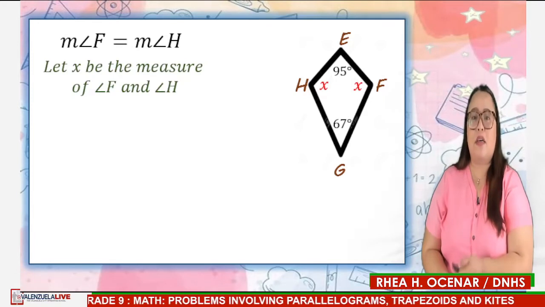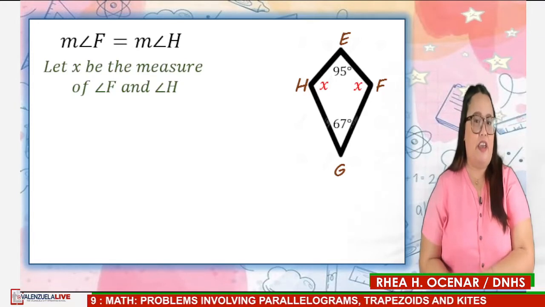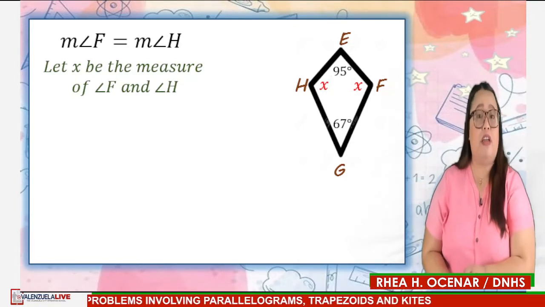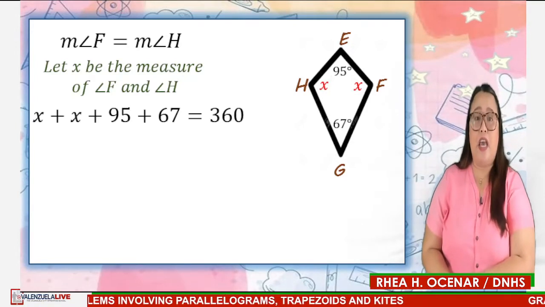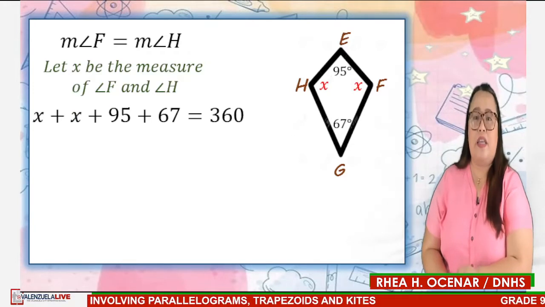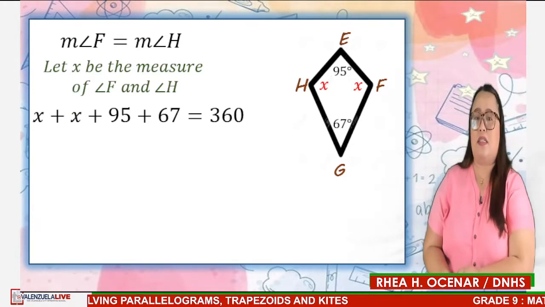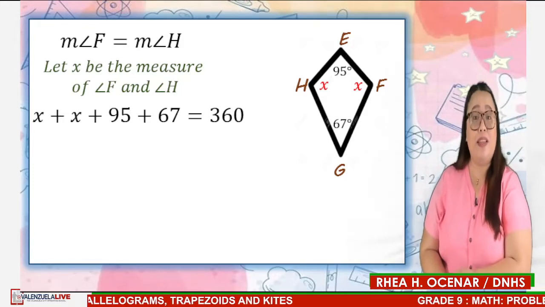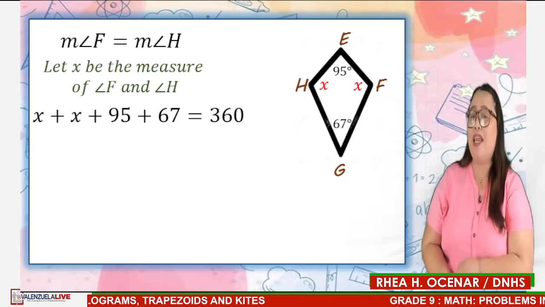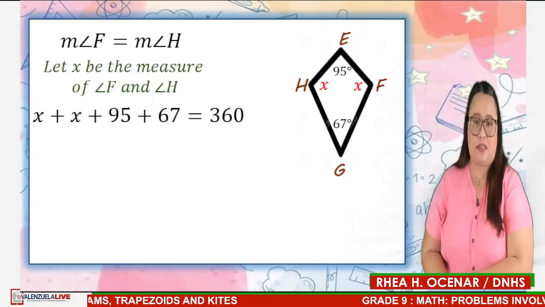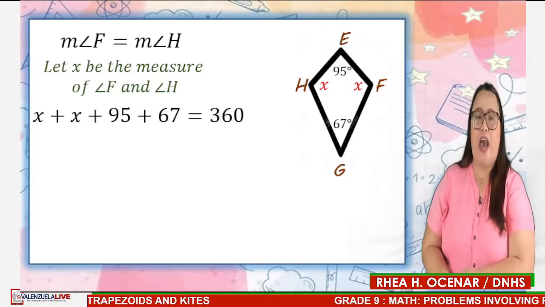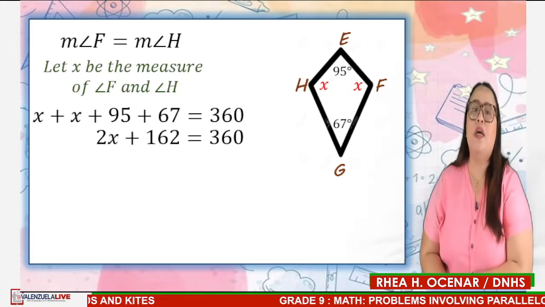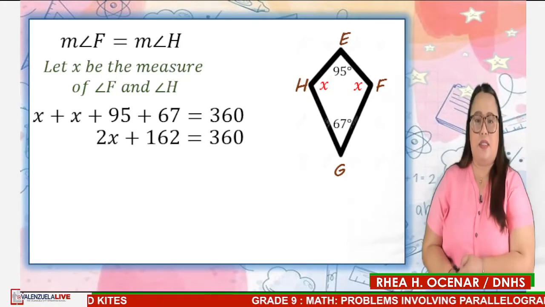Let x be the measure of angle F and angle H. To solve for angle F and angle H, we add the four angles and equate to 360 degrees because the sum of the interior angles of a quadrilateral is equal to 360 degrees. Simplifying, we have 2x plus 162 is equal to 360.